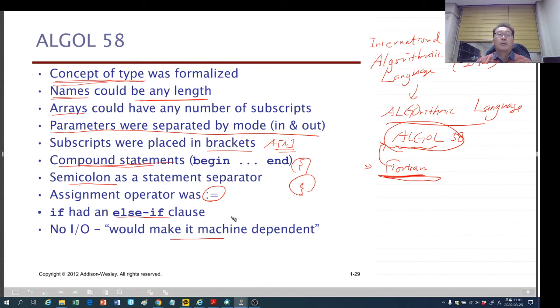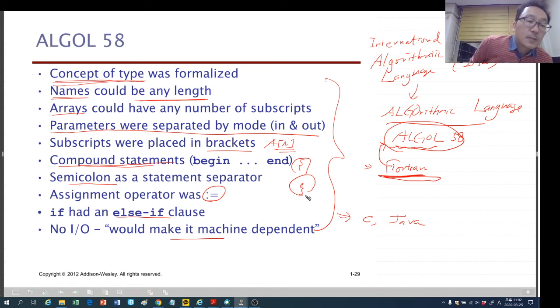So if you see, all the concepts are still what C or Java use. Therefore, Algol 58 is modern. It has almost all the features which are used these days.